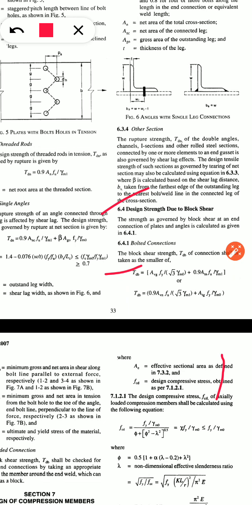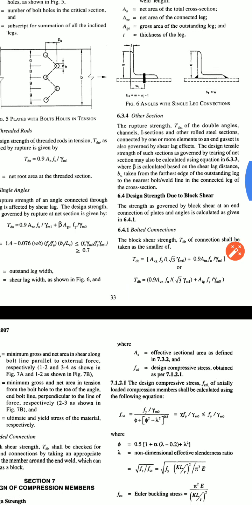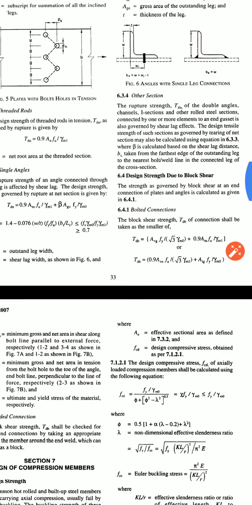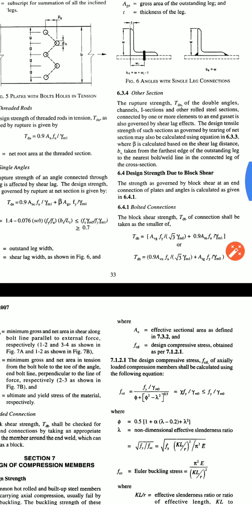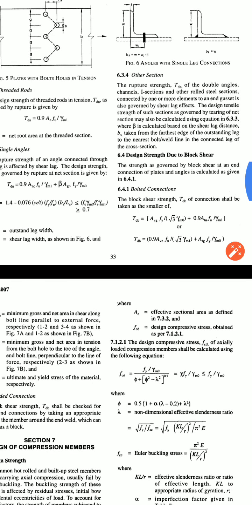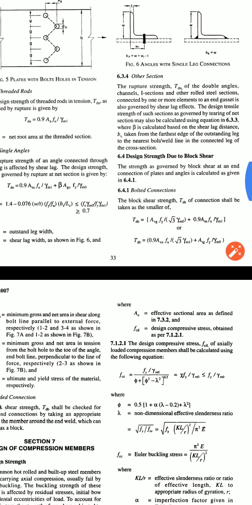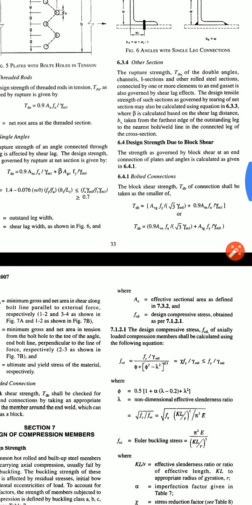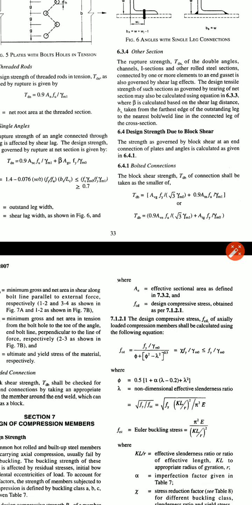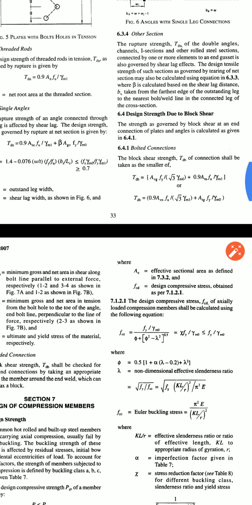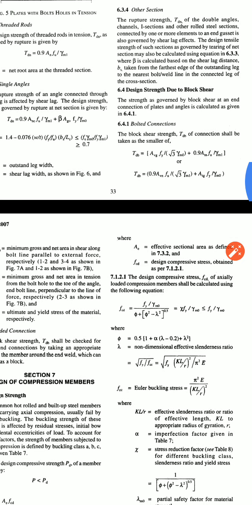The design strength due to block shear is given by Tdb equal to Avg fy divided by root 3 gamma m0 plus 0.9 Atn fu divided by gamma m1, or the other formula, Tdb1 and Tdb2: 0.9 Avn fu divided by root 3 gamma m1 plus Atg fy divided by gamma m0.